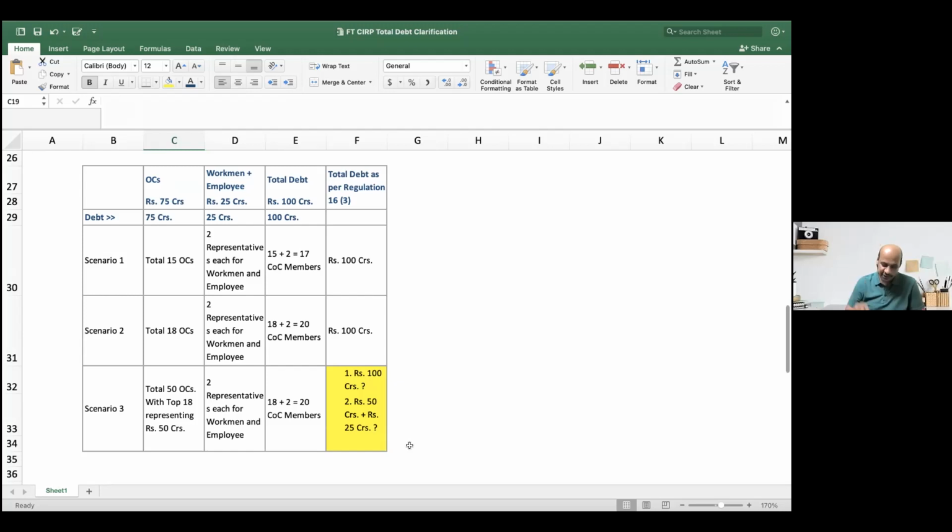Now if you dig a little deeper into this, section 55 subsection 2, I am now going into the applicability of the fast track process. Section 55 subsection 2 reads that an application for fast track corporate insolvency resolution process may be made in respect of the following corporate debtors.